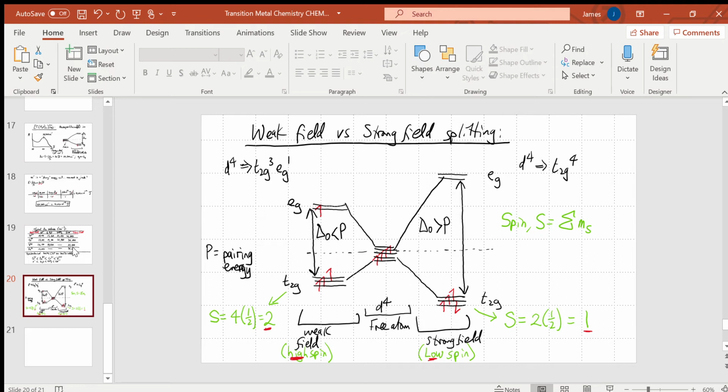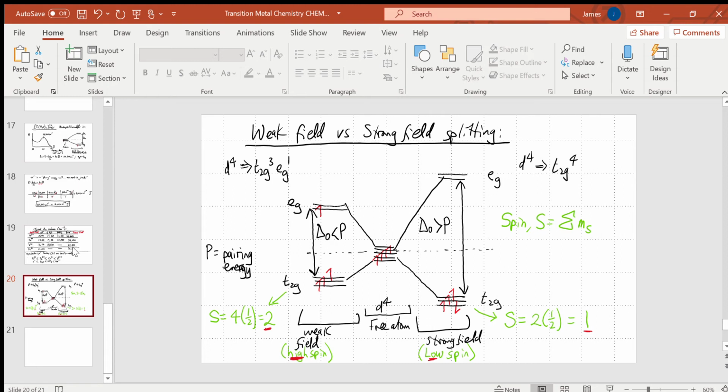Whether or not it has 4 electrons, like in this example, is irrelevant, but we have the 5 degenerate d orbitals. We have the barycenter going across here, which is constant energy. And then in a weak octahedral field in this case, it's split into the EG set.